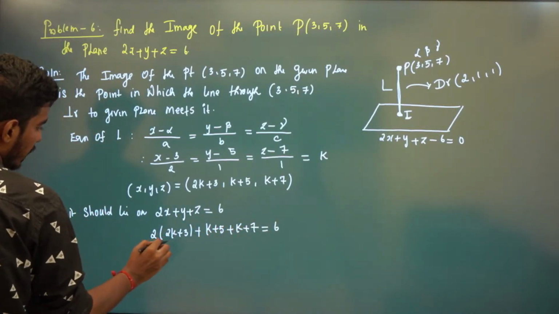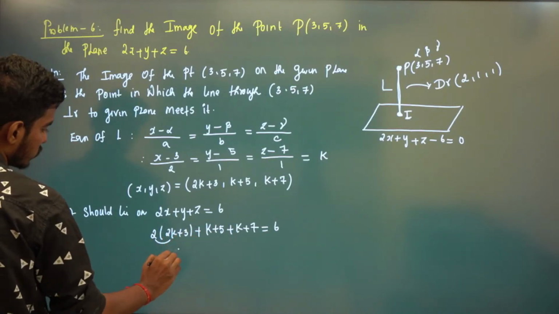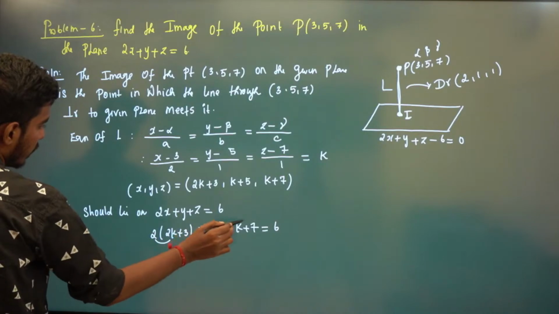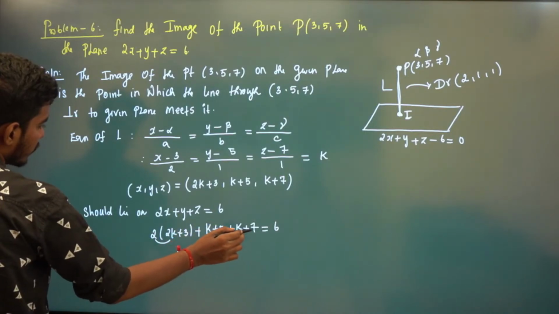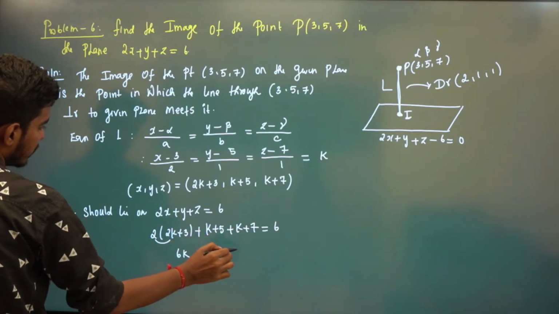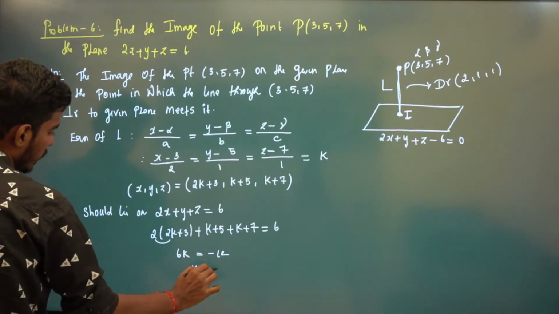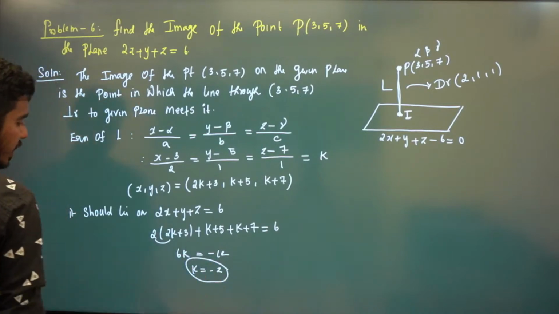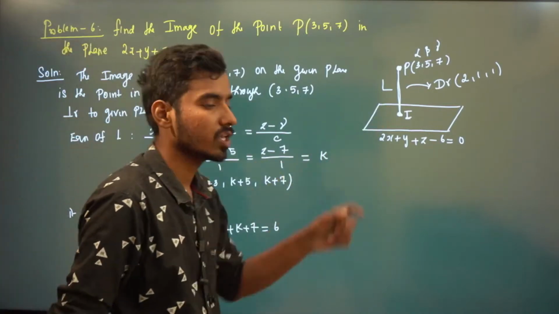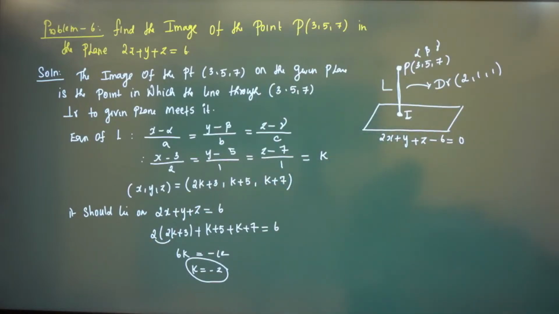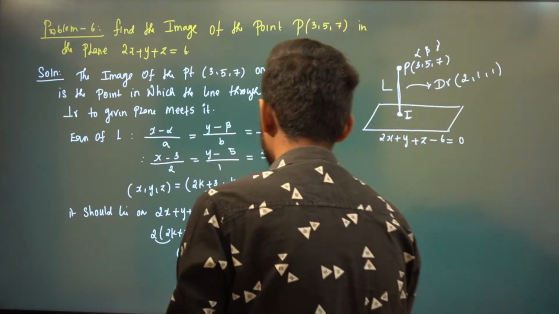So we'll have 4k plus k plus k, so we'll have 6k. 2 threes are 6, 6 plus 5 is 11, 11 plus 7 is 18, 18 minus 6 is 12. So bring that side, we will have minus 12. So we will have k equal to minus 2. If you put k equal to minus 2, that will give you the point I.